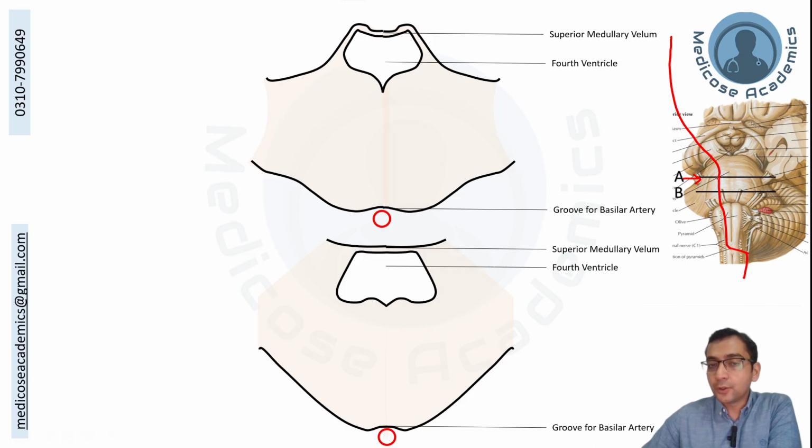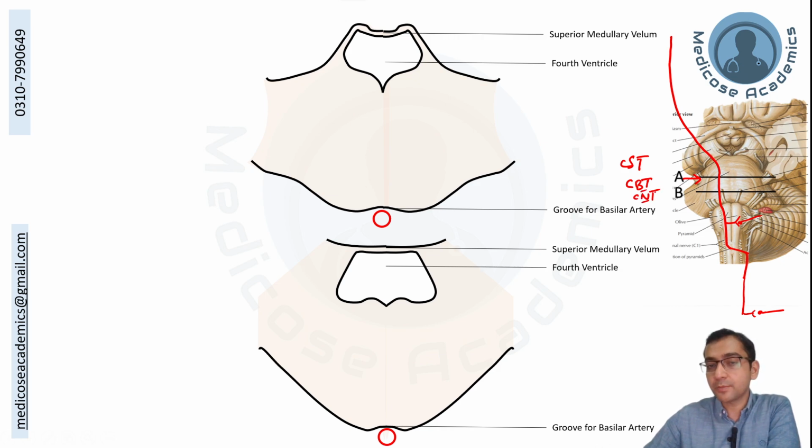So it not only contains the fibers that are going to supply the muscles of the limbs, these are also going to give the fibers that are going to supply the cranial nerve nuclei. For example, hypoglossal nuclei was exiting here. So in addition to the corticospinal tract, it will also contain corticobulbar fibers or corticonuclear fibers.